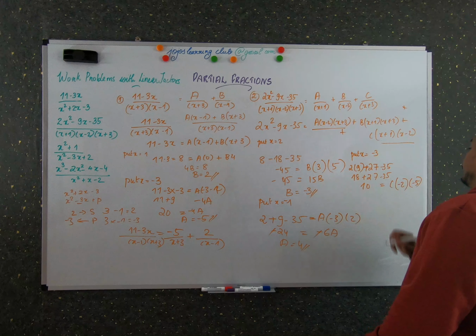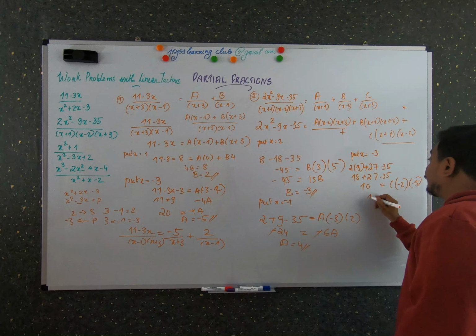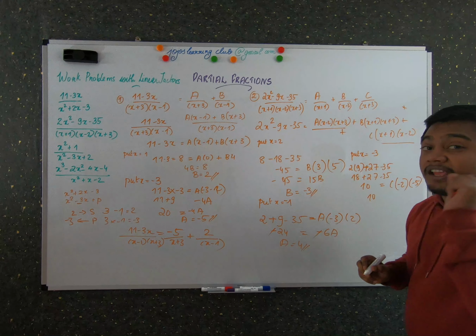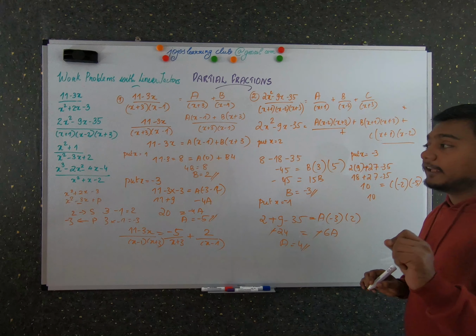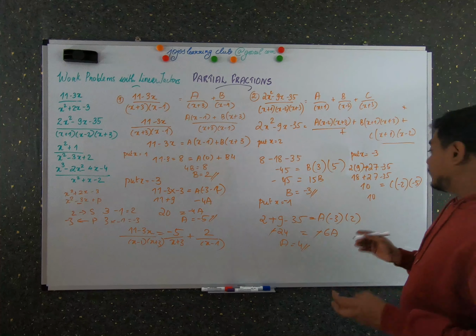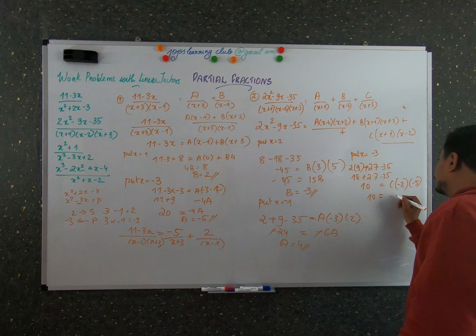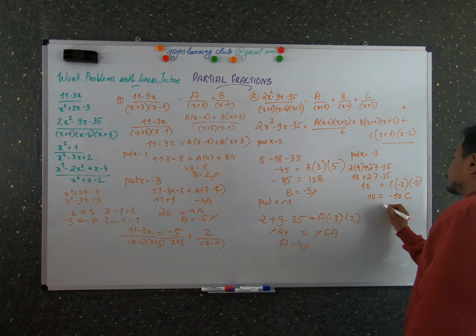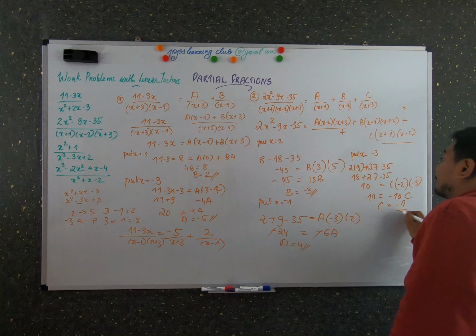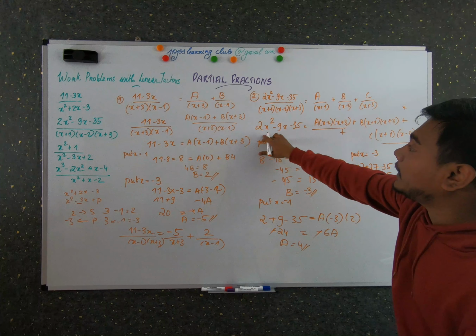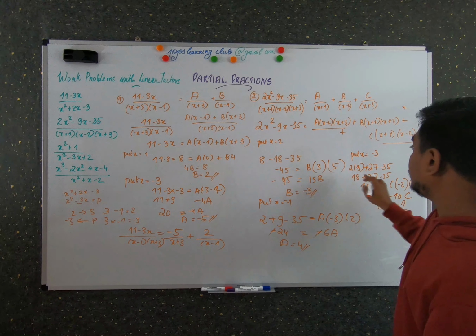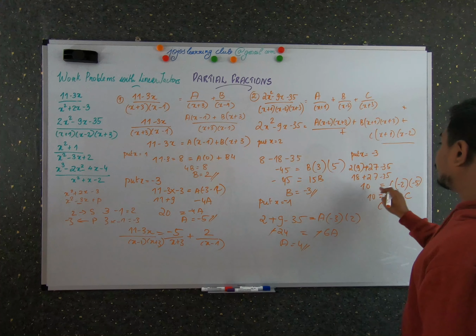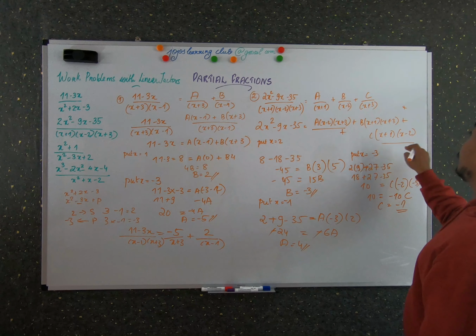Minus 5. Be very careful because any negative sign can make you fail. So 10 is equal to minus 10C, so C is equal to minus 1. I'm going to check it again: 2 into 9, 18, minus 9 into minus 3, 27, minus 35, 45 minus 35, 10, which is equal to C into minus 10.